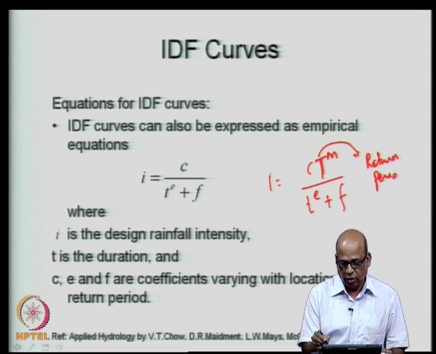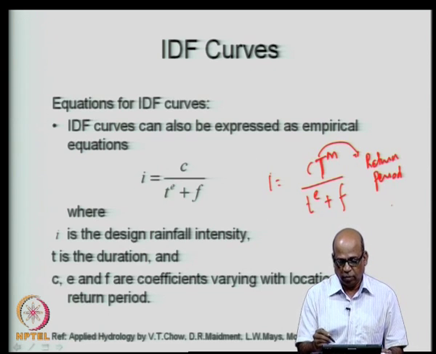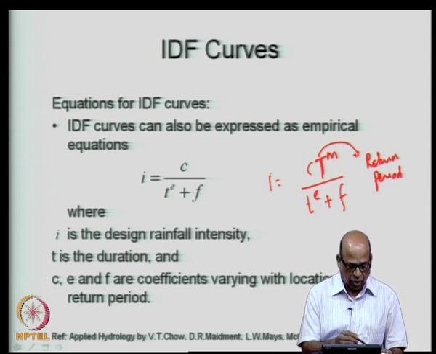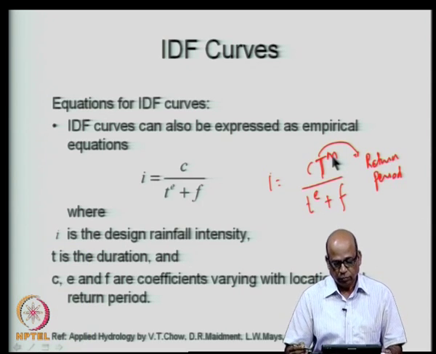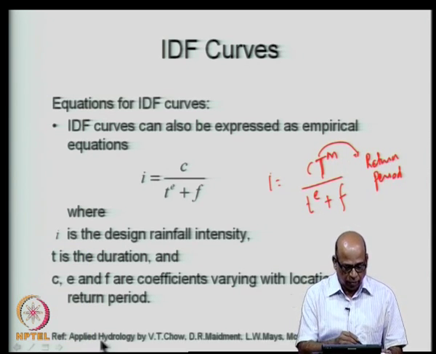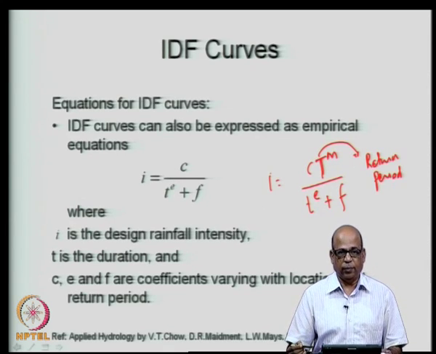So, such forms are also available, in which case you are again introducing another constant there, which is M. This is also available in the reference that I have given here.